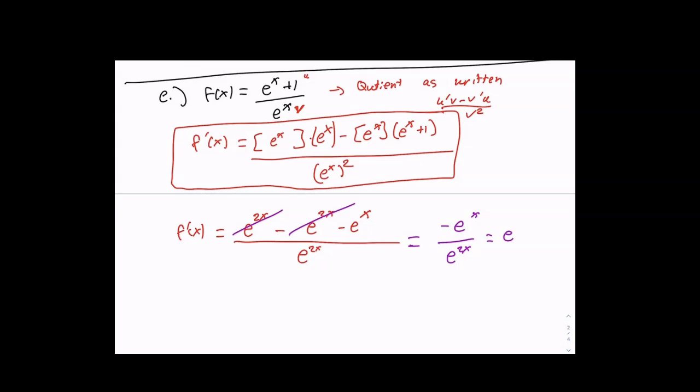How do we divide exponents? So, yes, subtract the powers. So, what is x minus 2x? Sorry, I forgot the negative in front. Negative x, which gives me negative 1 over e to the x. That's how you clean it up.